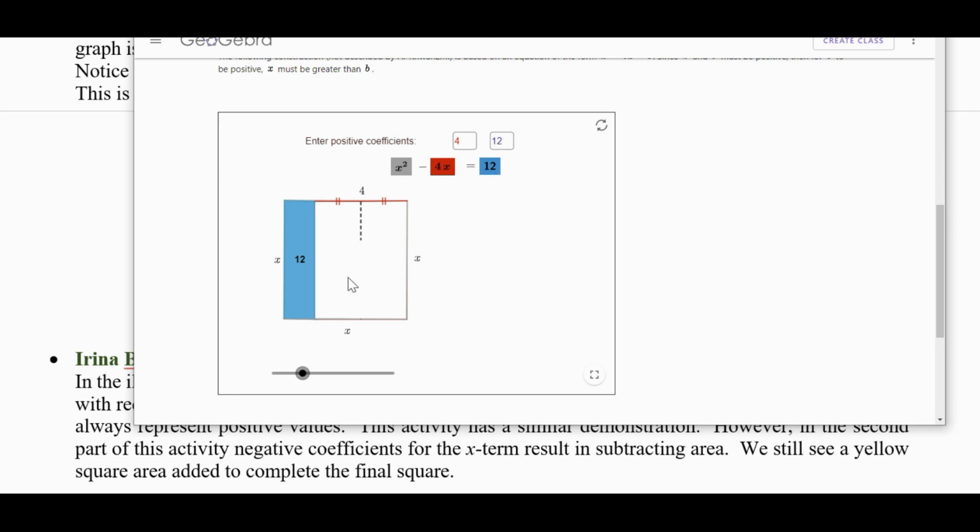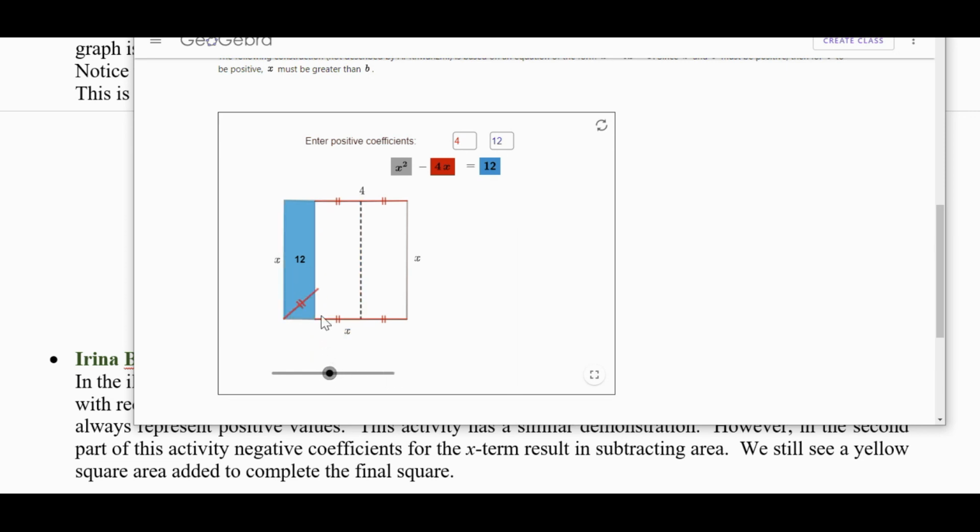Now, you take the 4x that's empty here, split it in half, and bring that across. And there's your completed square there, is adding that. So it's an area that's subtracted.